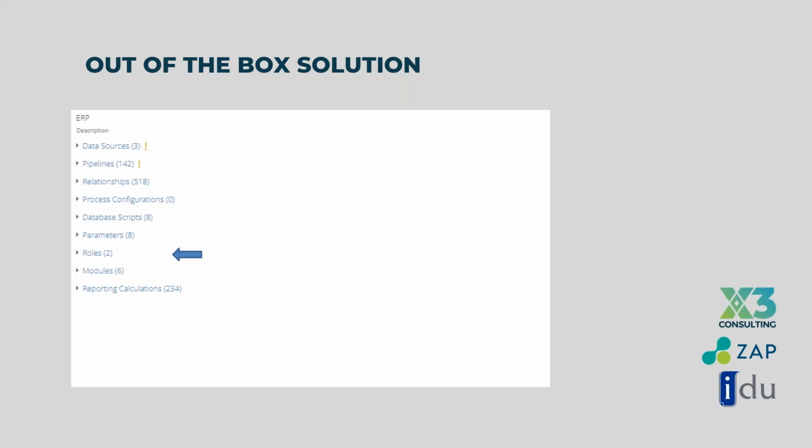Then we take that whole solution and we apply some security to it. Especially with X3, we've got this thing called dynamic security. So we look at the actual security that's been applied in X3, and then we take that logic and we apply it to ours. So for example, if Bob has not got access to a specific set of accounts or a specific company or branch, we'll take that logic and we'll apply that same security into our system.